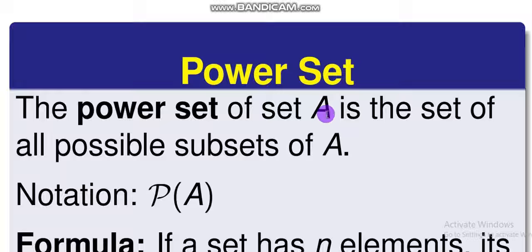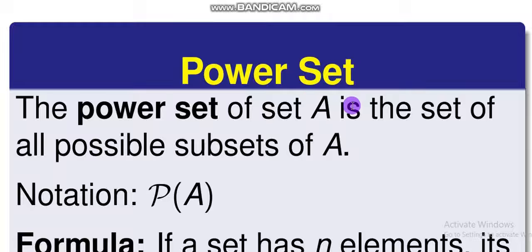It means from this set, how many small sets can you extract out of it? When you extract, for example, 5 sets, and then you form a set of those sets, this large set is what we call the power set.